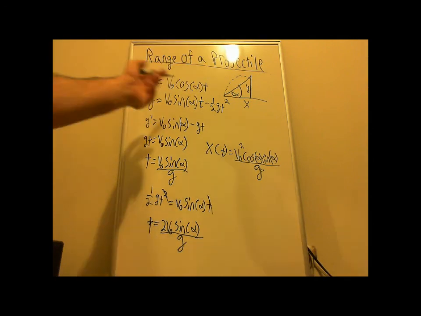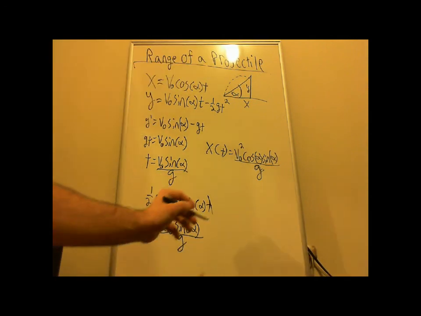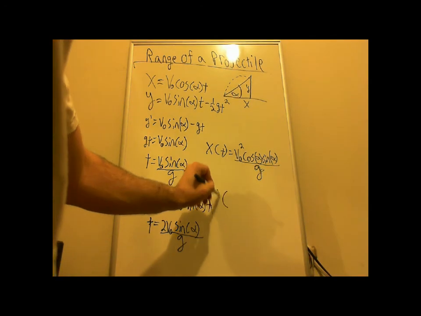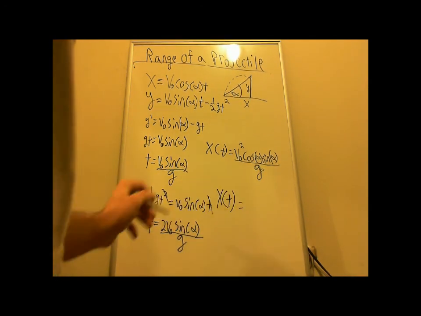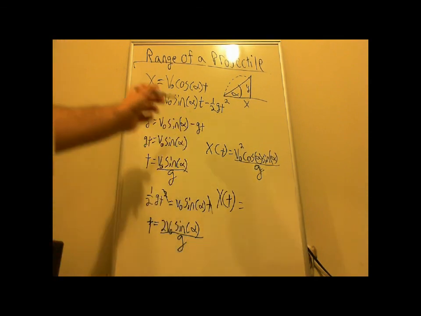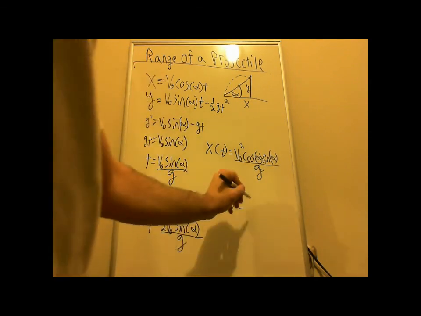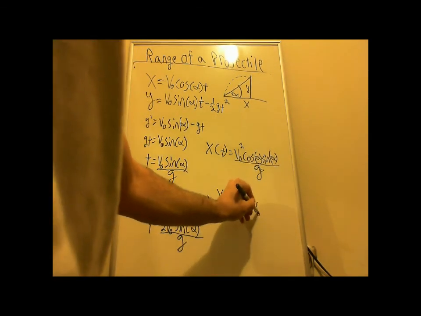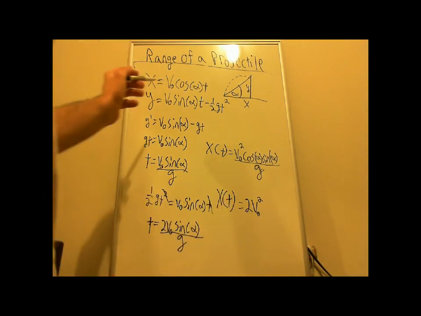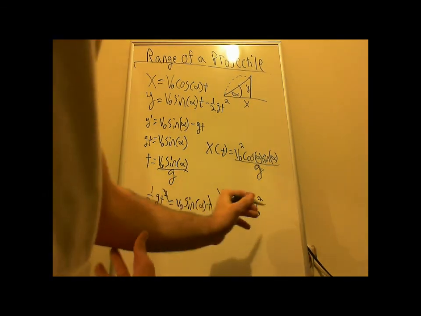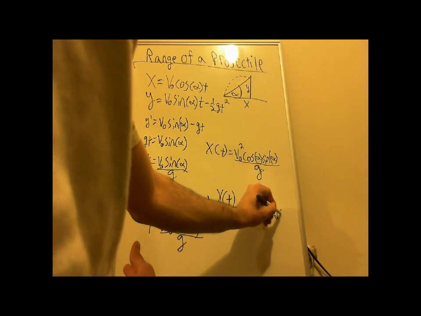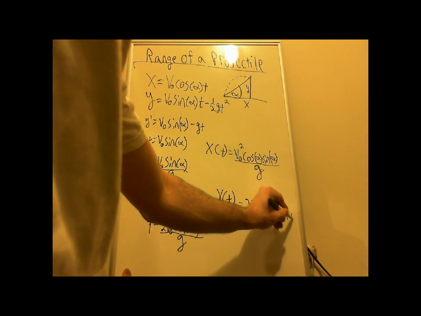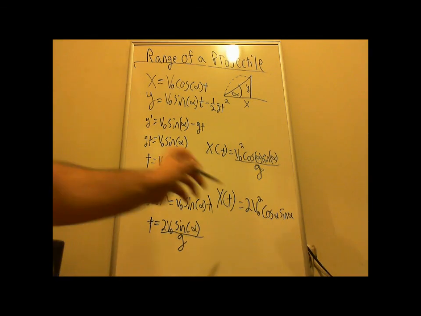And just like before, it'll end up x of t is equal to 2v naught squared times cosine of alpha times sine of alpha over g.